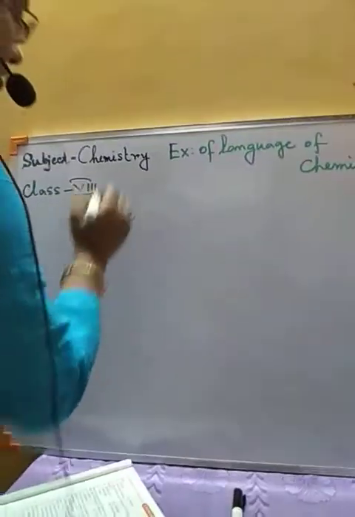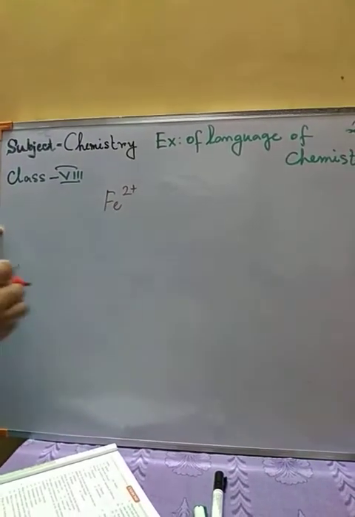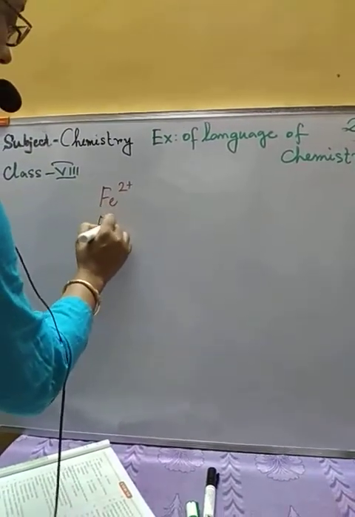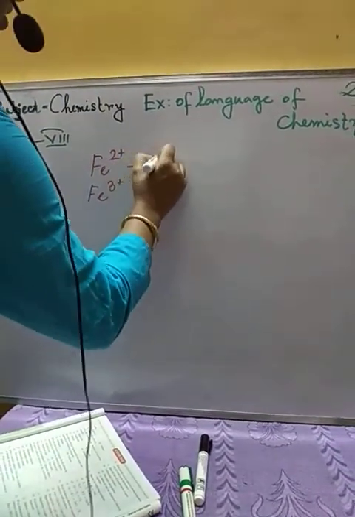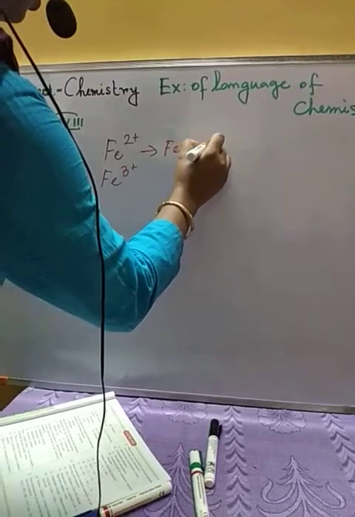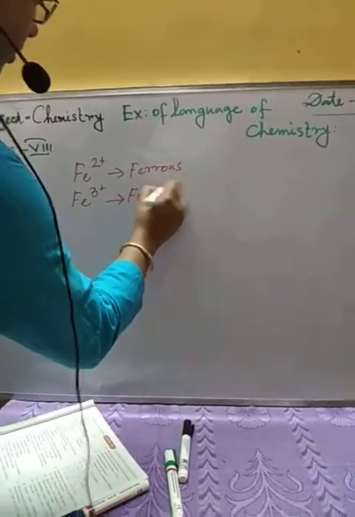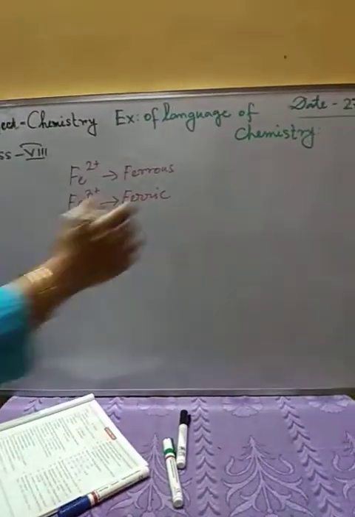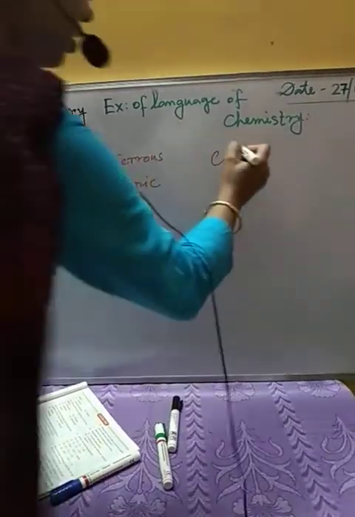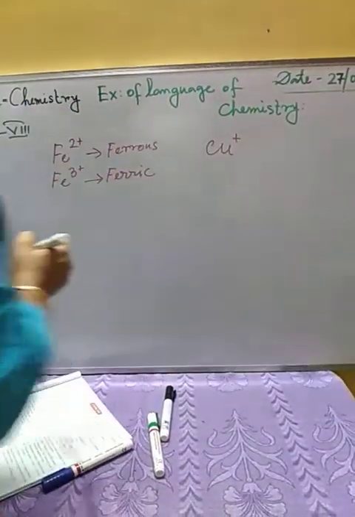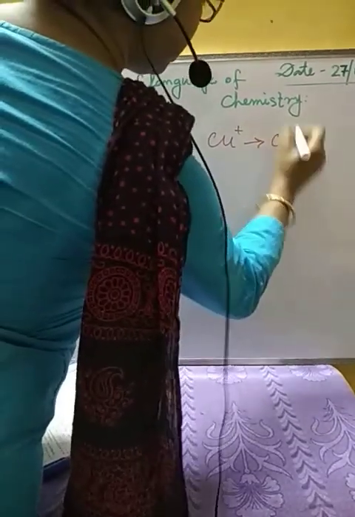One is iron 2 plus, that is called ferrous, and the other is iron 3 plus, that is called ferric. Copper also can show variable valency, where copper +1 we can get. This is the lowest valency. So this is cupric.